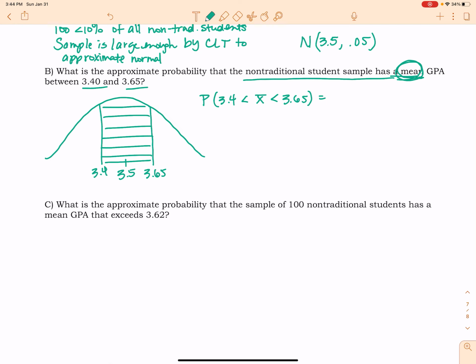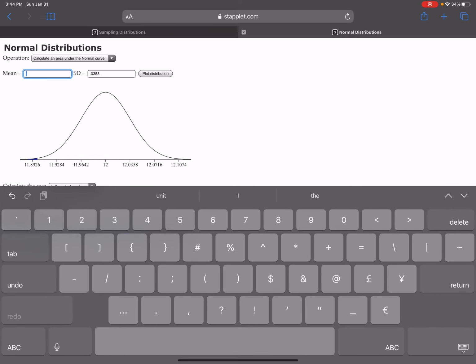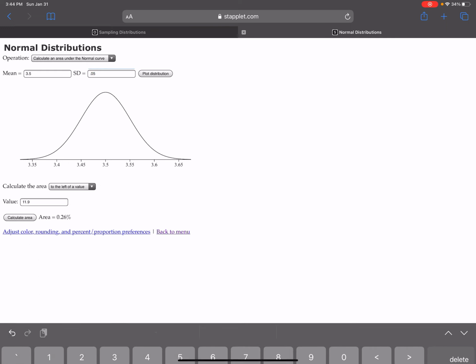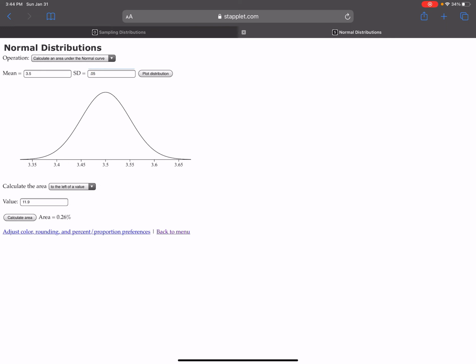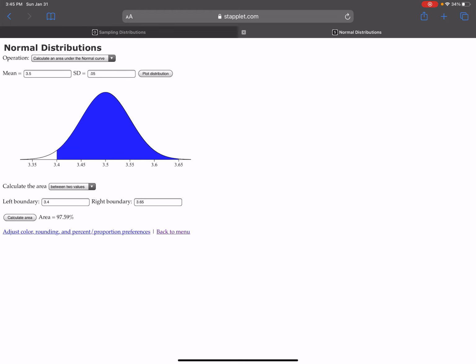So of course I'm going to go to my old pal Staplet, and I am going to type in a mean of 3.5 and a standard deviation of 0.05. And I want the area between two values, one of them being 3.4 and the other one being 3.65. And we get 97.59%.